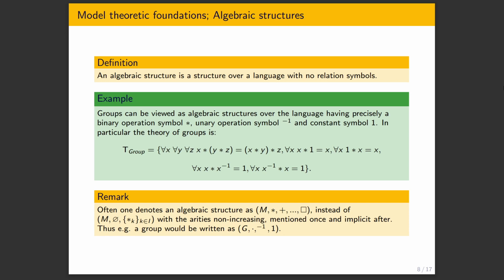The difference is that a binary operation is an operation which takes in two inputs, so it's a function from a set times itself to the set. But an n-ary operation is a function which takes in n inputs from a set and outputs an element from the set as well. So that's the difference.